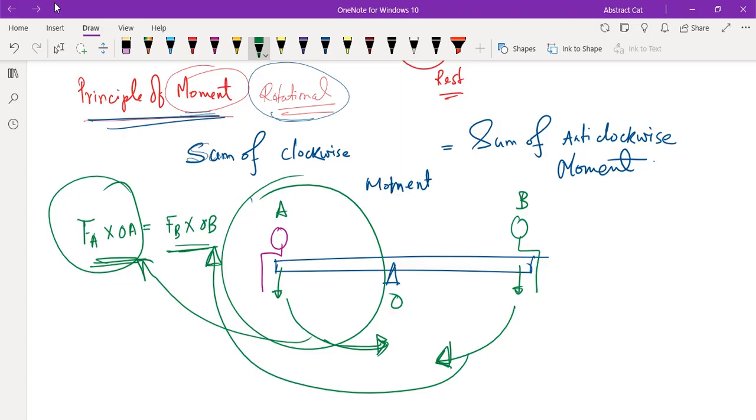Okay, so it is an easy concept. That's the principle of moment.